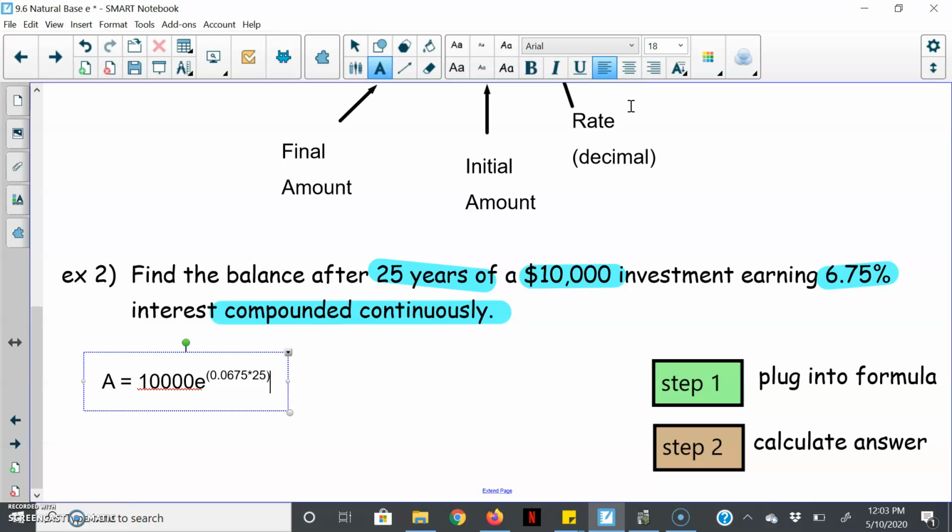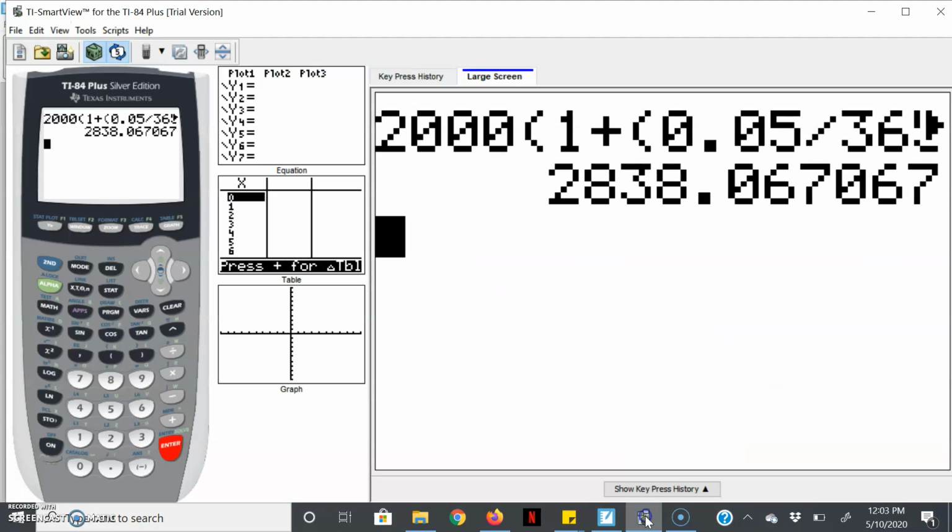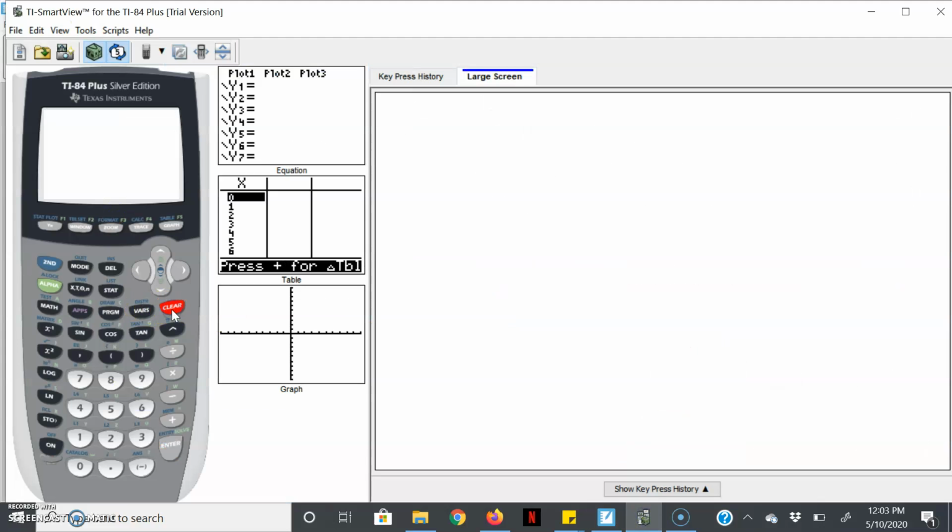So just like last time, we're going to plug this into our calculator. Open up the calculator, and we're going to go 10,000. And then E, to get E, we press second, and the E button is this LN.